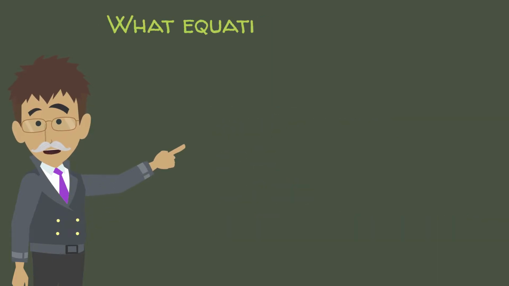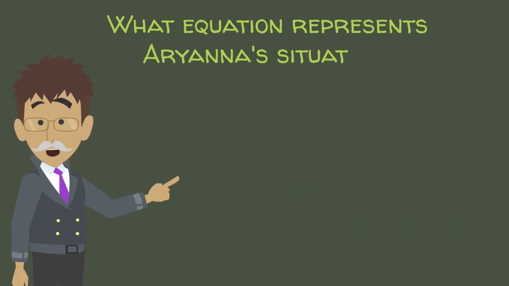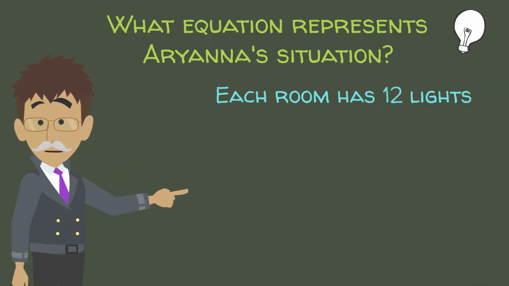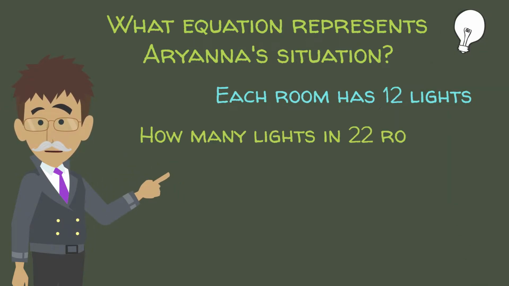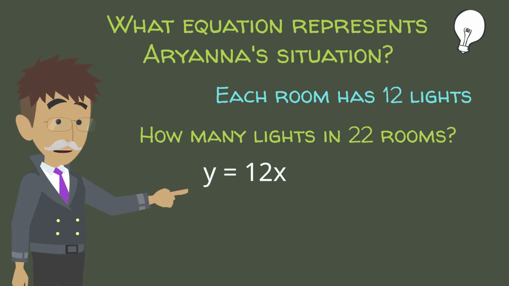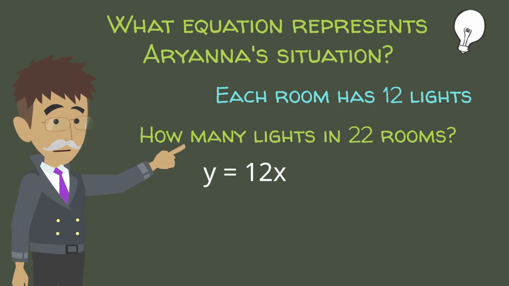What equation represents the number of lights Ariana needs to check if there are 12 lights per room? How many lights would she check if there were 22 rooms? The equation y equals 12x represents this situation, with x being the number of rooms and y being the total number of lights.